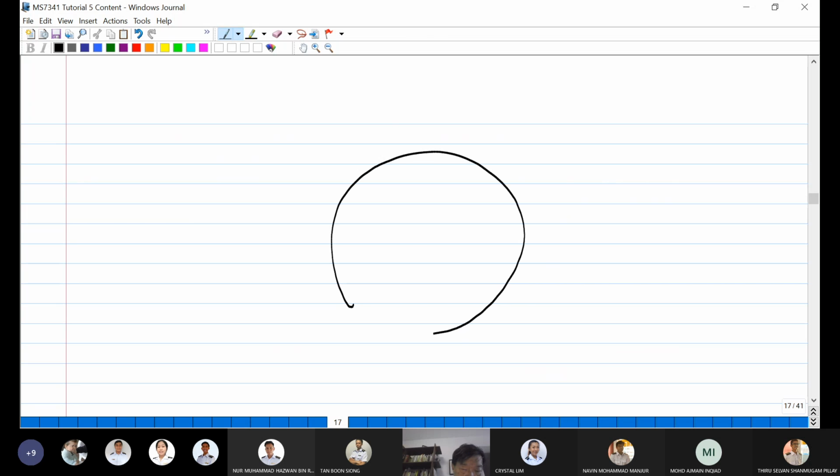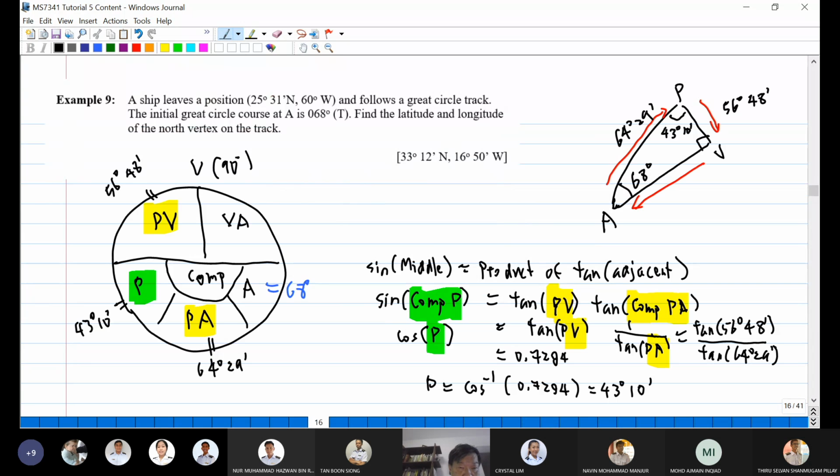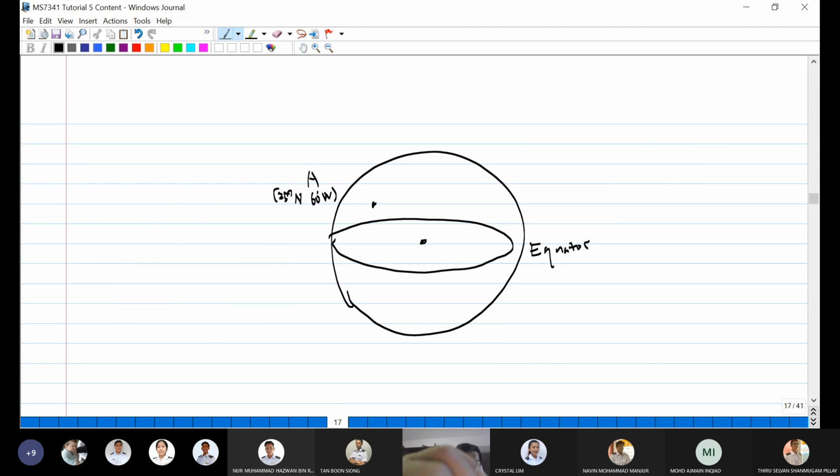You see, this is planet Earth. This is the equator. Okay, equator here. So the center of the Earth here. The point A is somewhere here, 25 degree north. Okay, so A is 25 degree north, 60 degree west. Okay, based on the picture here, 25 degree 31 minutes north, right?